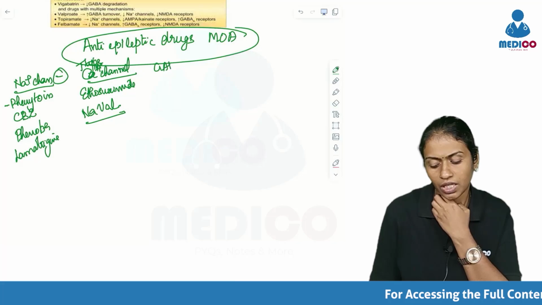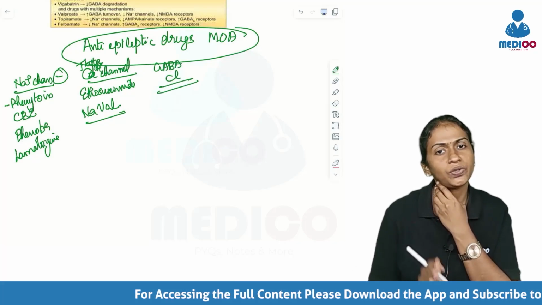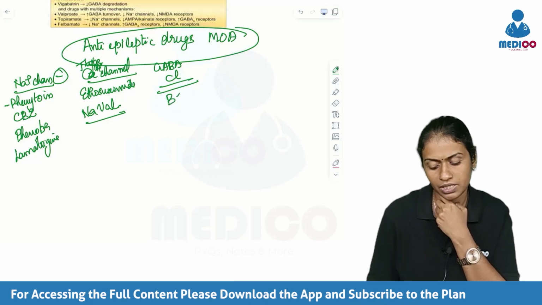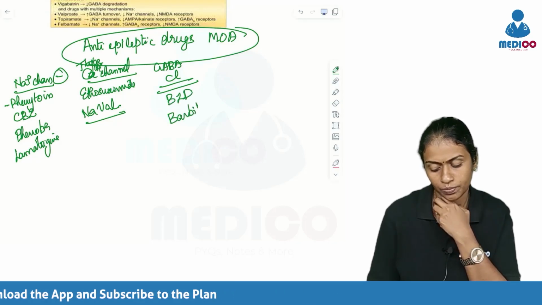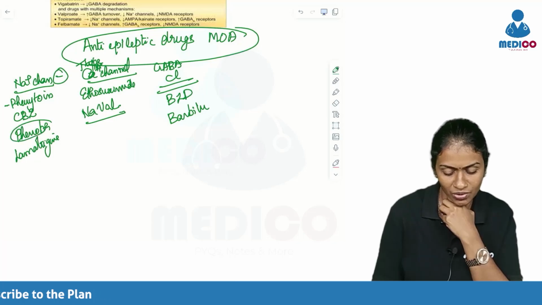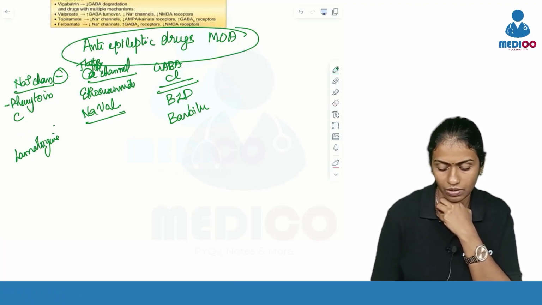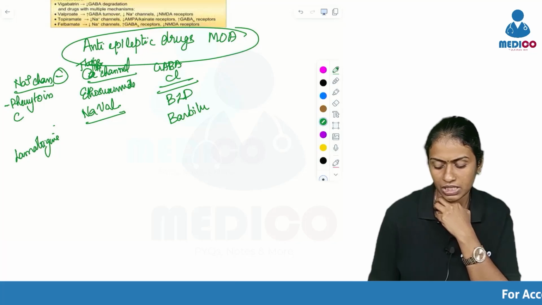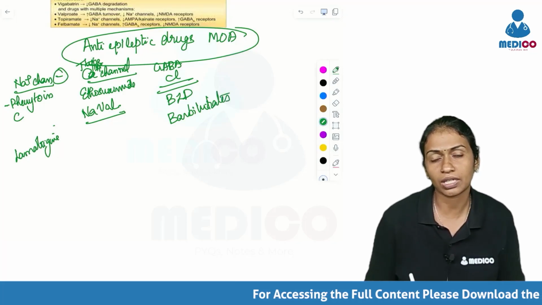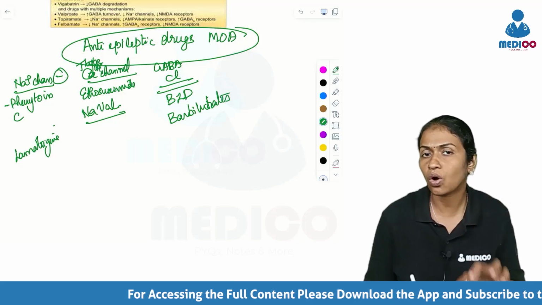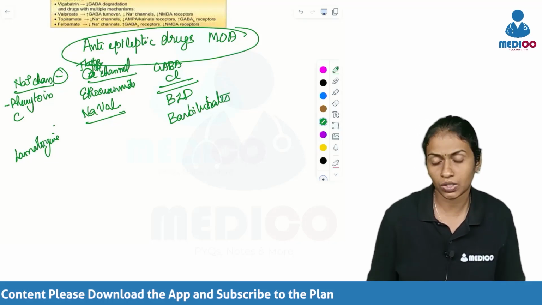Then you have the GABA chloride channel activation. Conventionally, you have learned about benzodiazepines and barbiturates, which act through the GABA chloride channel. Then we have a whole lot of newer anti-epileptic drugs that act through this GABA chloride channel.